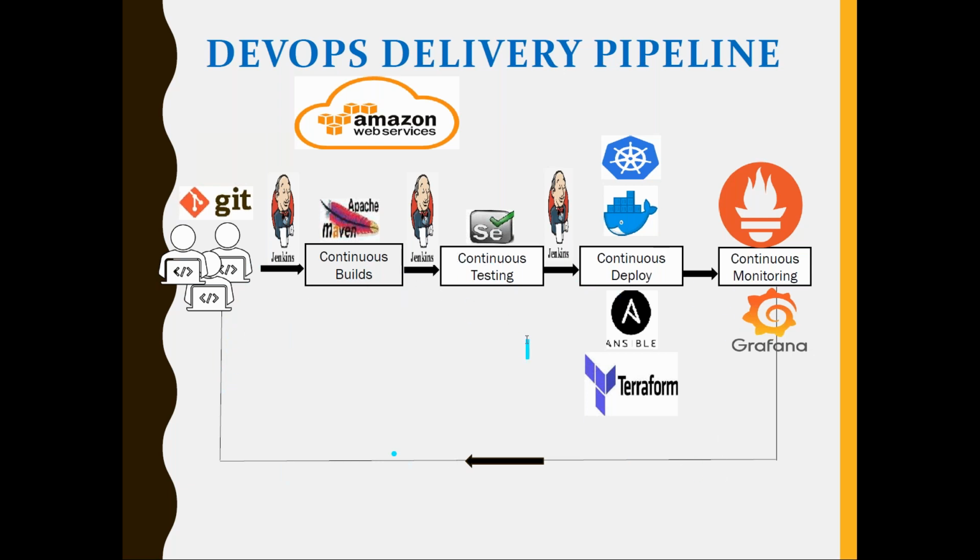This pipeline will be created from scratch. We already have some code available on GitHub. We'll take the code and build this entire pipeline on two applications. Not only that, the same pipeline can be implemented using AWS services. It's not about the cloud.